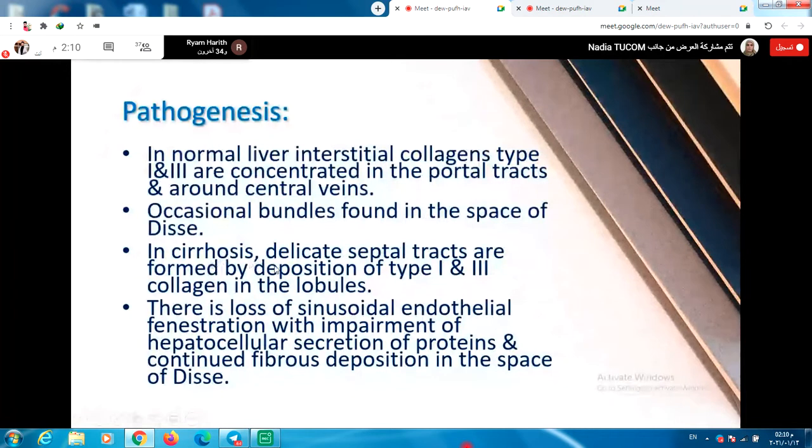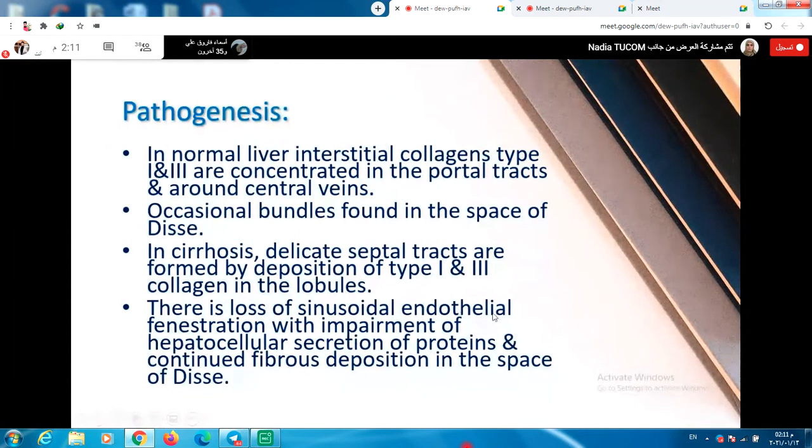In cirrhosis, delicate septal tracts are formed by the deposition of more type 1 and 3 collagen in the lobules. There will be loss of sinusoidal fenestration because of a lot of collagen deposition within the lobules.